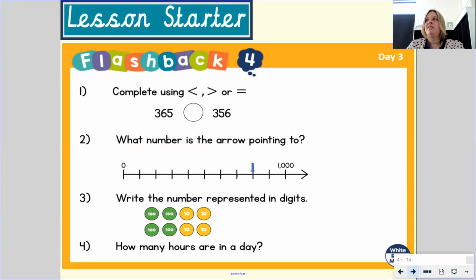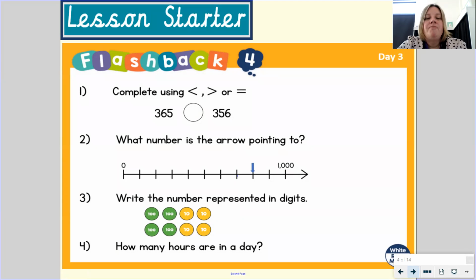Our lesson starter for today. When I've read you the questions, pause your video and have a go at answering them on your whiteboard. Question 1. Complete the number sentence using less than, greater than, or equals to. Question number 2. What number is the arrow pointing to?